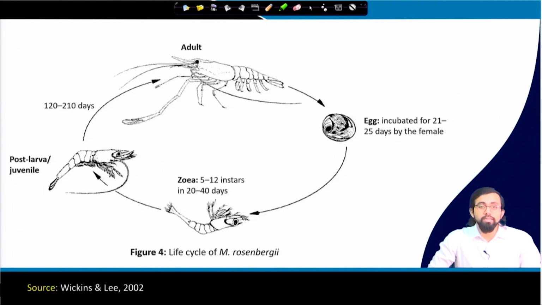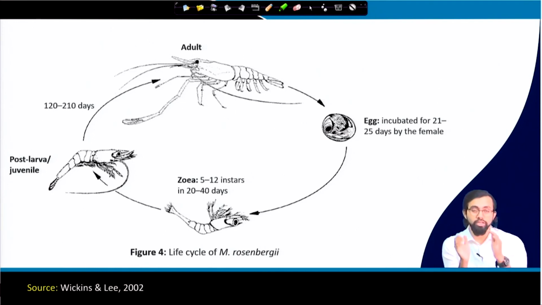If you see their life cycle, in general the eggs are incubated for 21 to 25 days by the female. They carry them. Then comes the zoea stage, with 5 to 12 instars in 20 to 40 days, where they have different stages of development. Then comes the post larva or juvenile stage, and from juvenile to adult it takes 120 to 210 days to mature and reach marketable size.